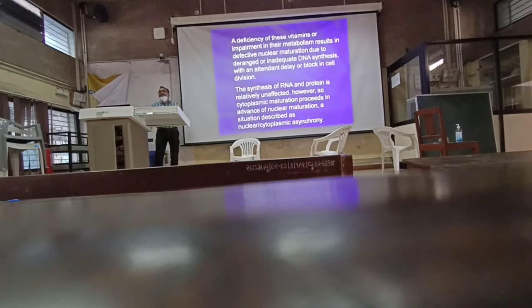Compared to that, in vitamin B12 deficiency the DNA part, that is the nuclear part, is compromised. So the red cell count will be very low because DNA content is not there, so divisions will not happen. One proerythroblast cannot generate 16 reticulocytes.